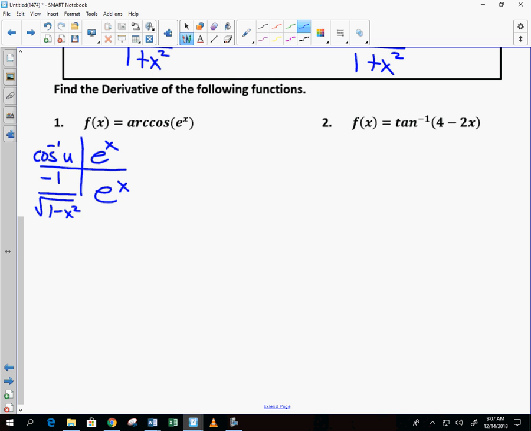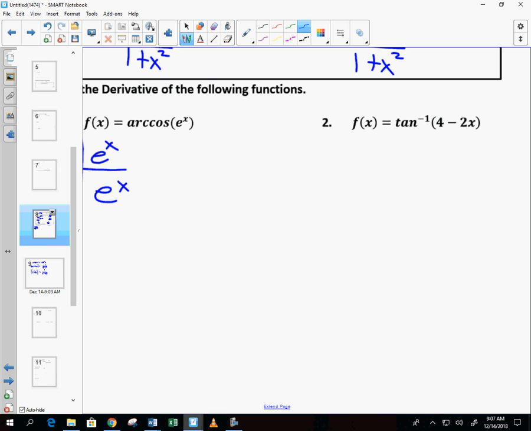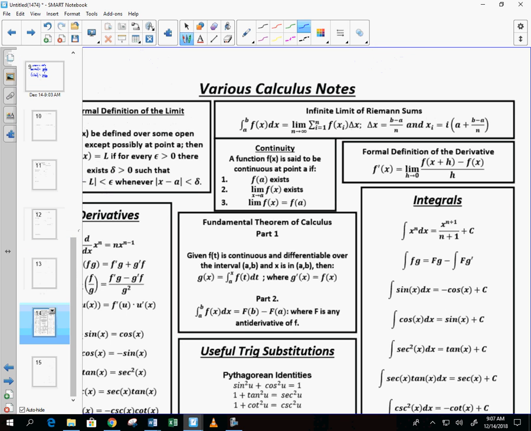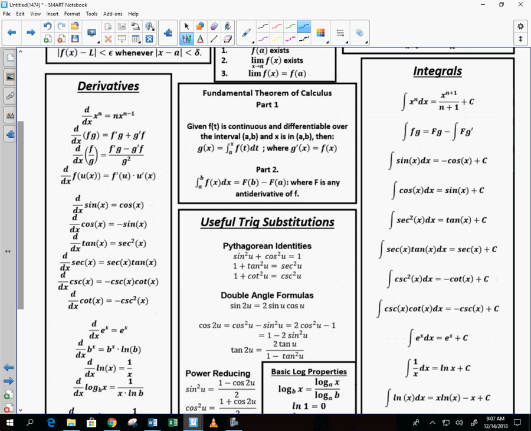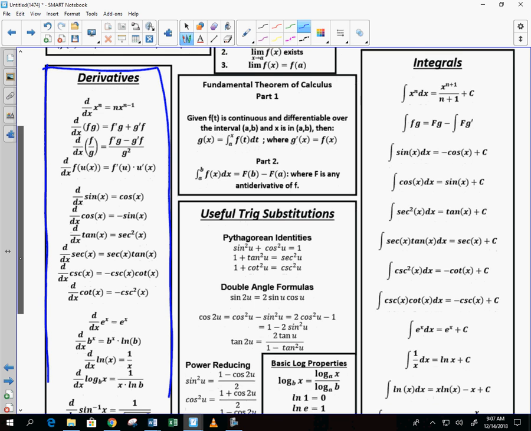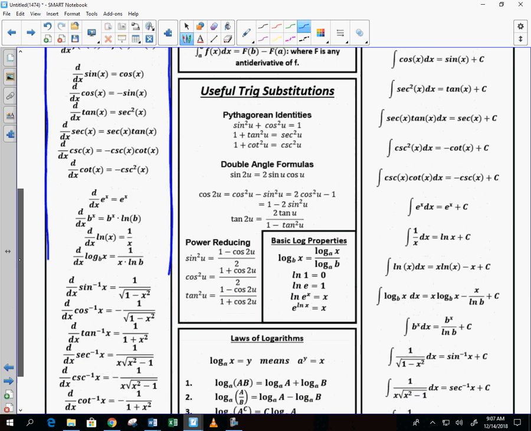Fortunately for you, you've become very good at memorizing things because you've taken Western and Gov. Also, I've done my work to prepare you. I've given you a list right on the back of your notes that has all the derivatives right there for you. Your list is now complete, folks.